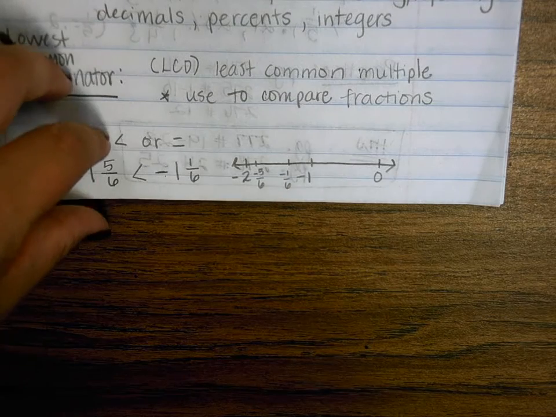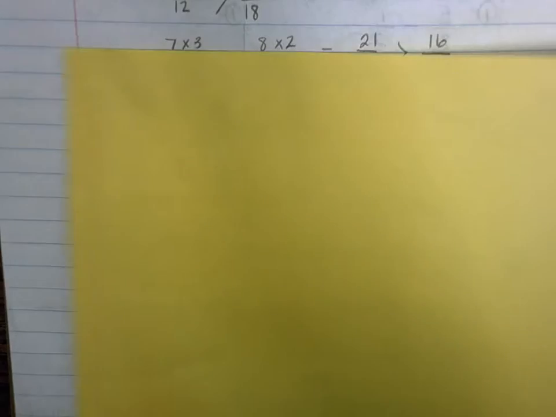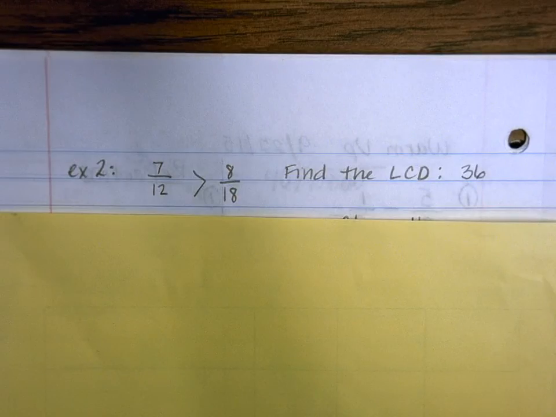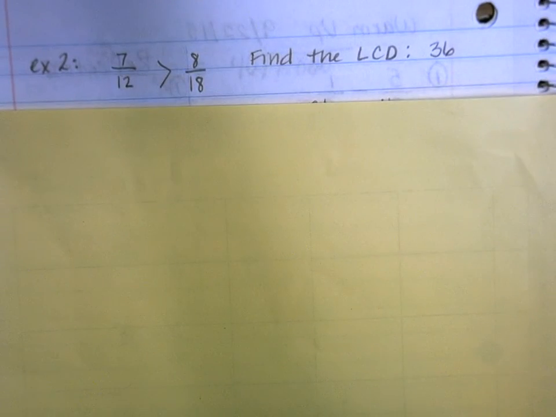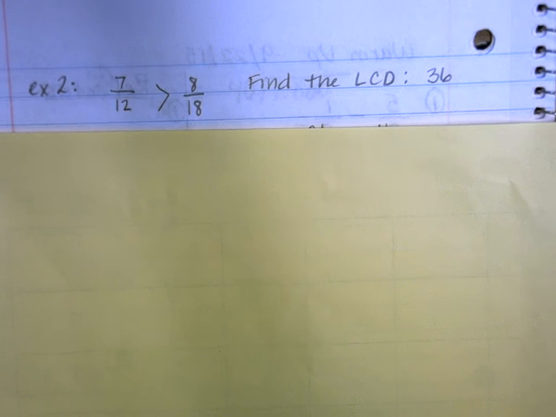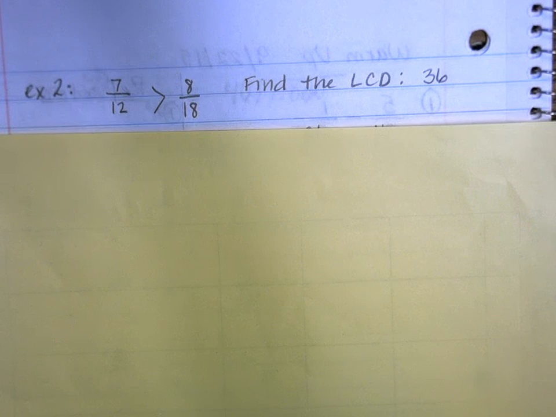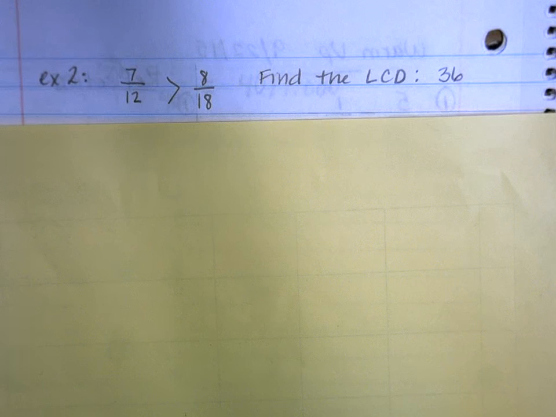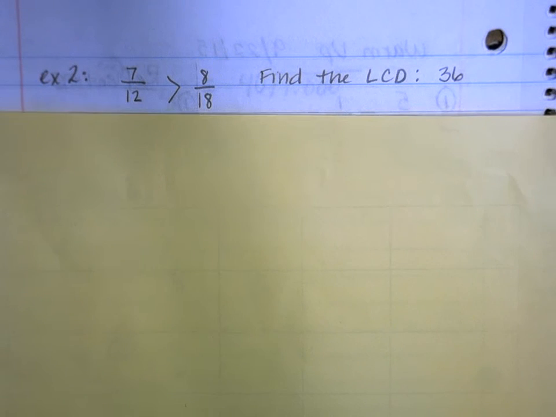Here we go. Here's one where we do not have the same denominator. So first we have to find it. So it's example 2, 7/12 and 8/18. I know it's greater than 8/18 because I did the work, but I'm going to show you how to do that.